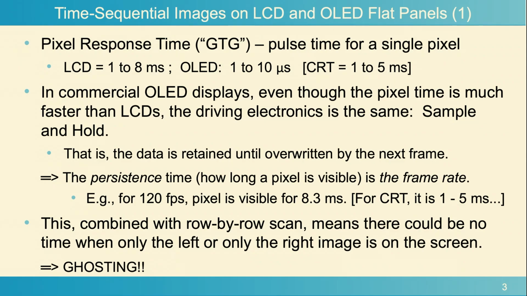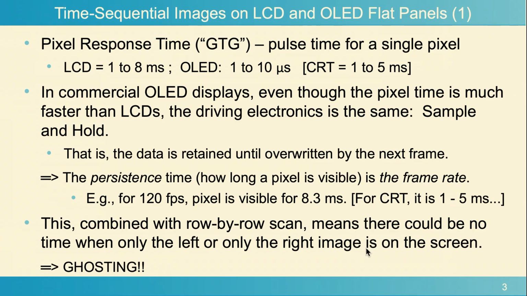But on LCDs and OLEDs, the electronics is sample and hold. Instead of there being a pulse of illumination, it stays on for a while. We call that the persistence time. So the persistence time is going to be based on the frame rate and not on the response time of a pixel.